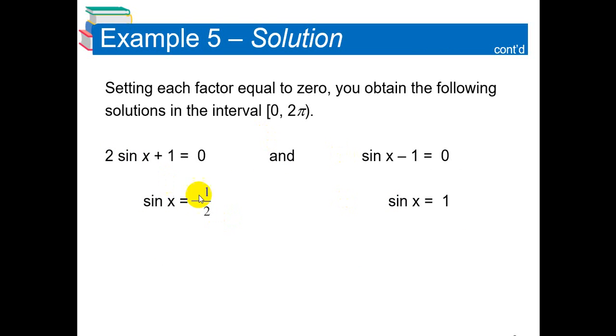So just think how you could solve these equations. You have been asked to find the value of x such that the sine function gives you negative 0.5, minus 1 over 2. Sine has a positive value for angles in the first quadrant and second quadrant.